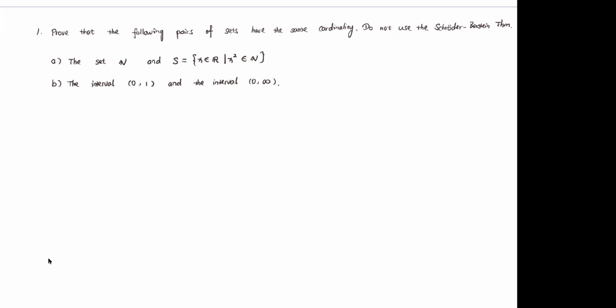Square root of 2 is an element of S. 0 is not an element of S. Yes, excluding 0. So my suggestion is first you list out the elements of S in some pattern, and then you try to come up with a bijection from there. You need to have the correct S to get the correct answer.